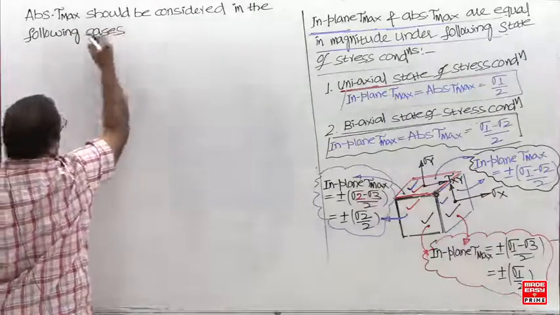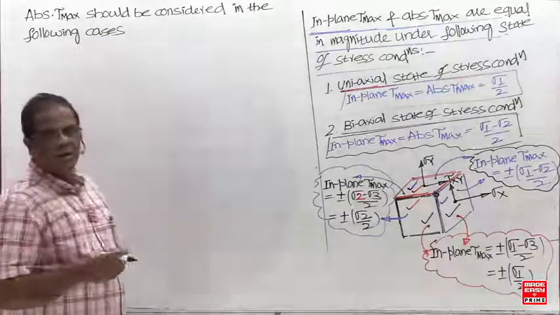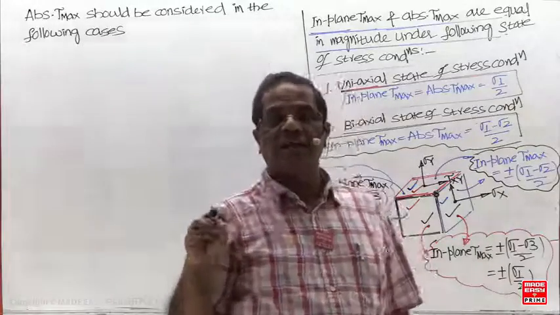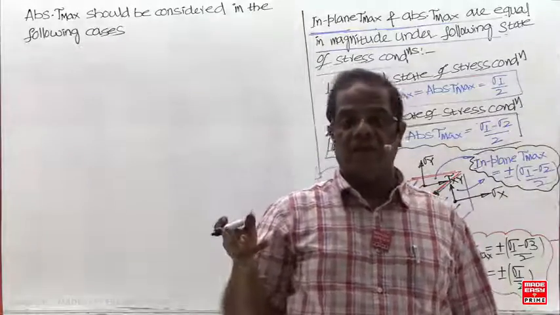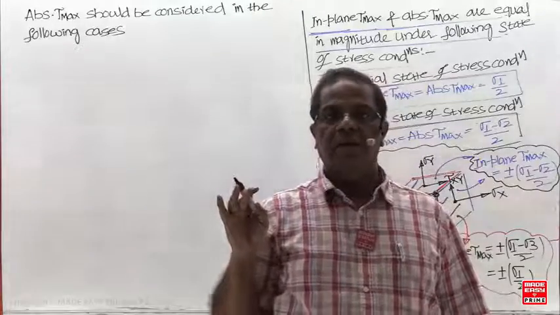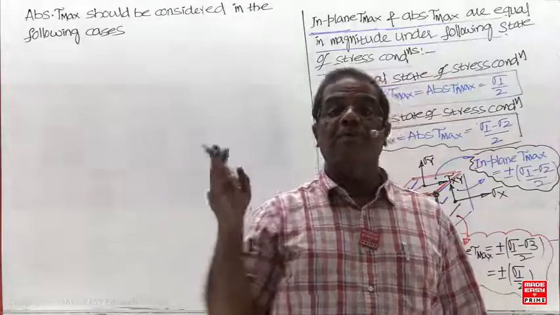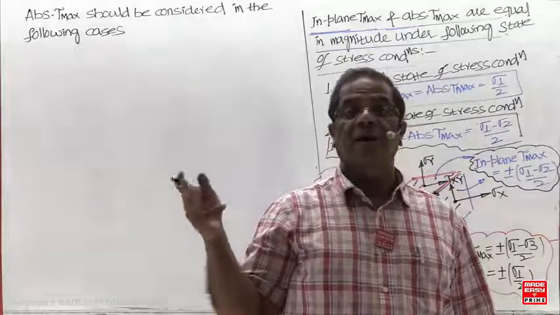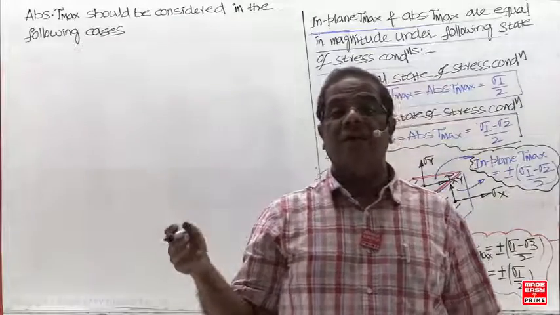Some common doubts are going to be there for the students now. Common doubts. Still, those who have completed coaching 2 years back ask: sir, what is the polar axis, what is the longitude axis? Sir, what is the tau max plane, what are the planes of pure shear? And sir, what is the in-plane tau max? When should I take the in-plane and absolute?